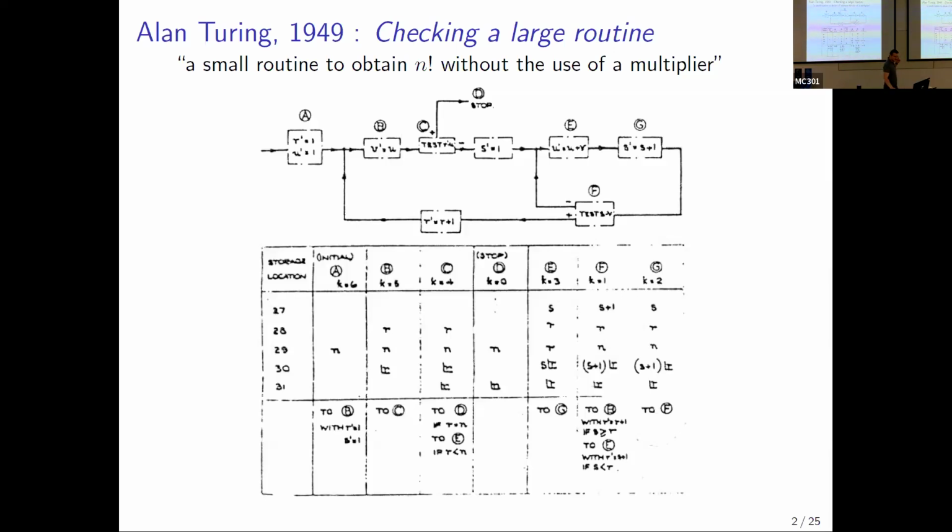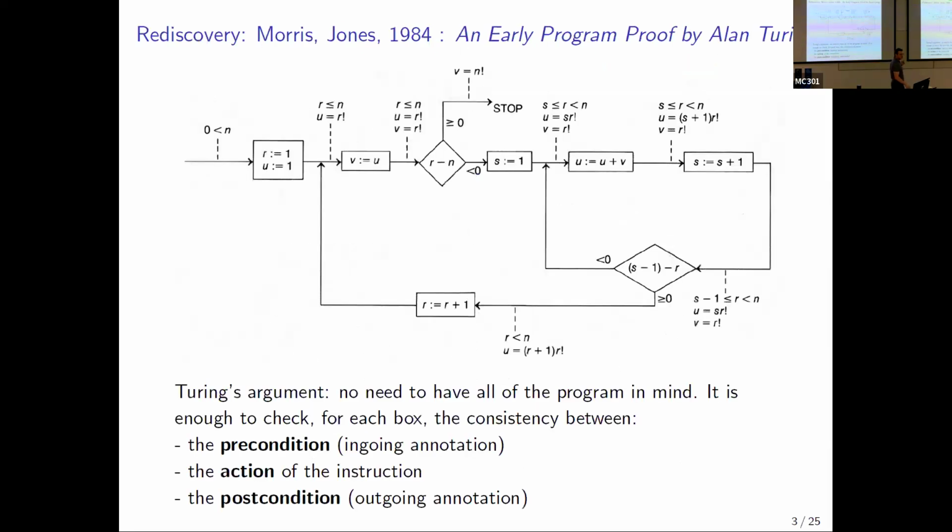This is hard to read because it's a very old paper, but Morris and Jones wrote a small paper that rediscovered it. This is called an organigram, I think, like a flow chart with instructions. The squares are instructions, and diamonds are tests. The arrows are like a go-to, or just the flow between instructions.